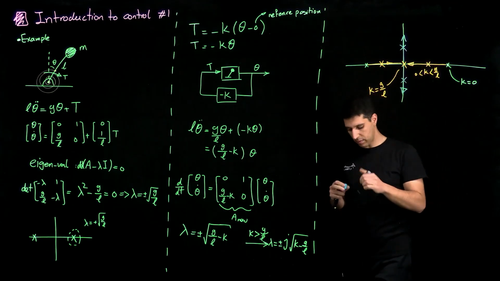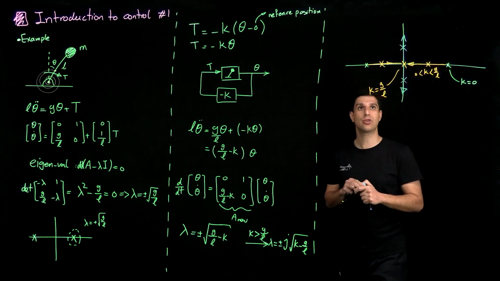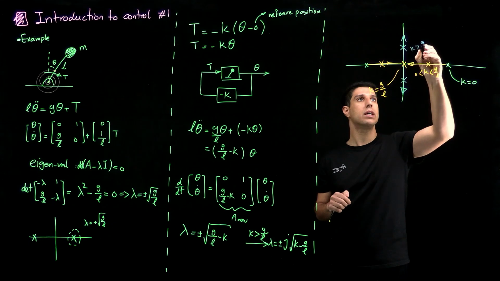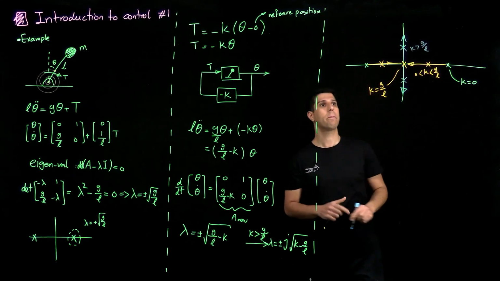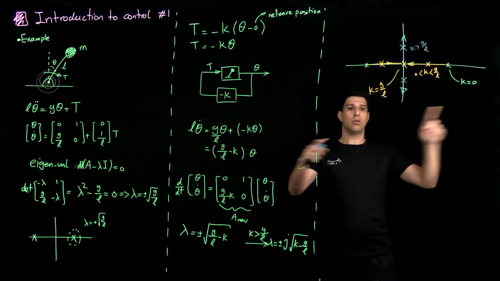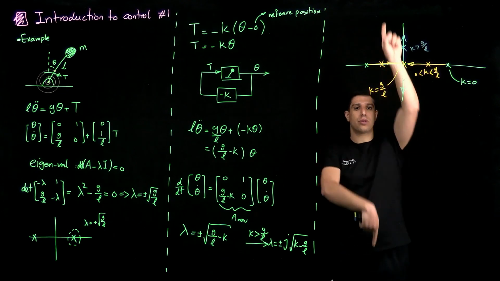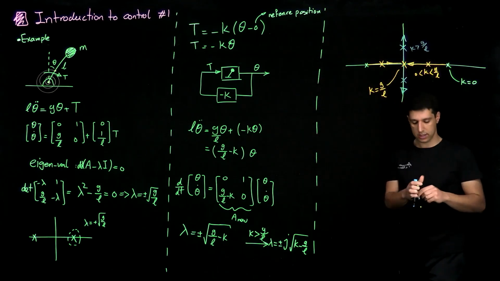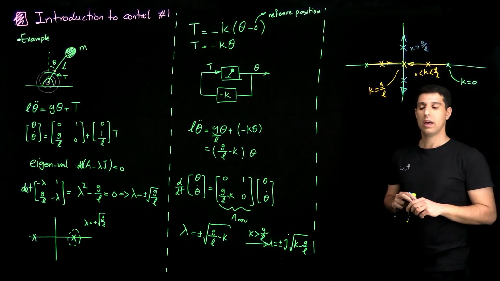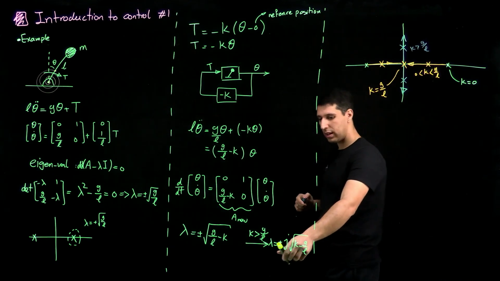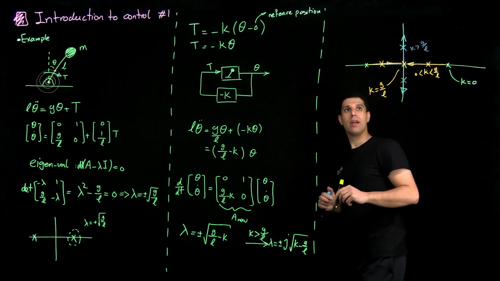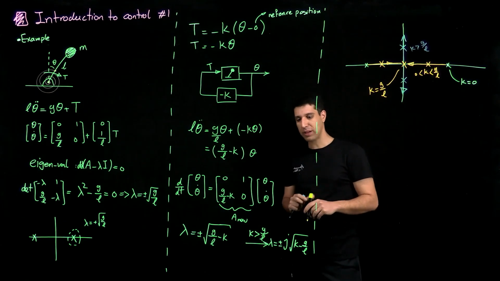So my system no longer is strictly unstable. As K becomes bigger than G over L, my two poles start to go in opposite directions along the imaginary axis, and my system is out of instability. It is not completely stable yet.